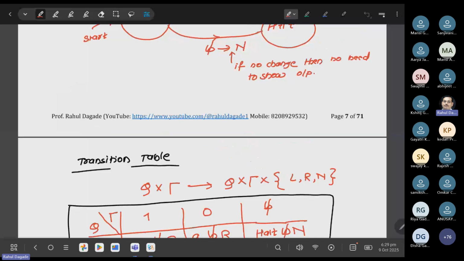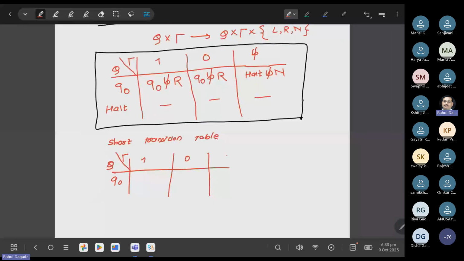Q0 is a state; 1, 0 and blank are inputs. For 1, it remains in the same state, so we can omit that. Whatever remains constant, we need not show. If it is from Q0 and remains in Q0, I omit Q0 and just show the change. The change is blank, right.